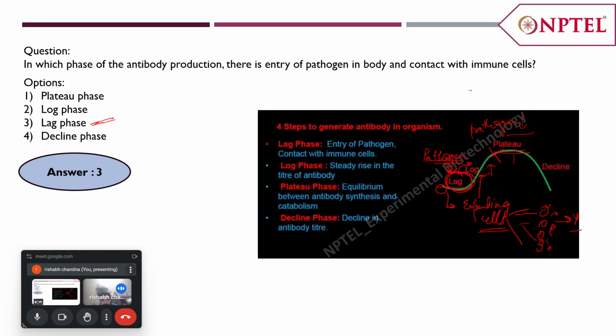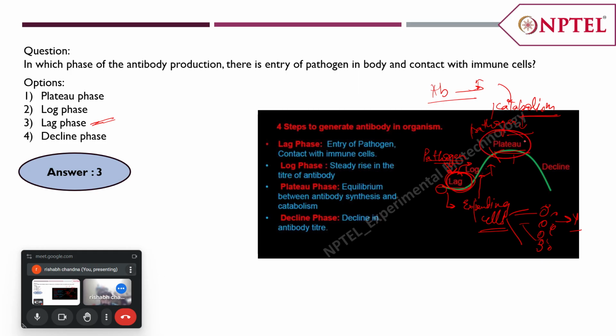Antibody production is still high, and at the same time the antibodies already used for an immune response go into catabolism, so they are degraded. This means there is an equilibrium between production and degradation of the antibody, and this remains the stationary phase.